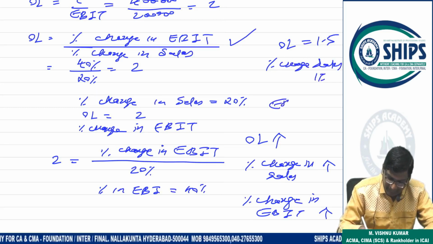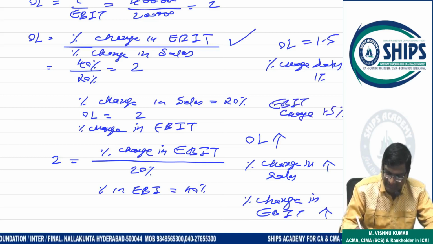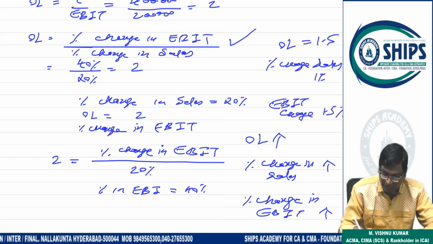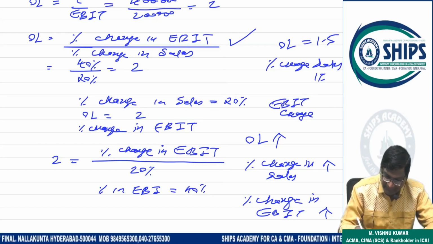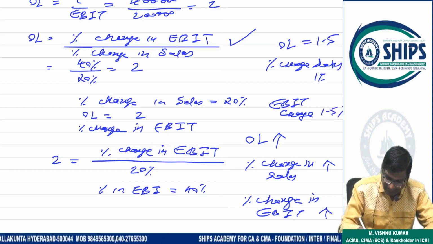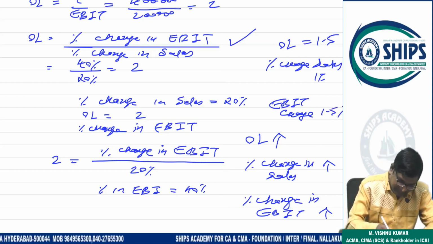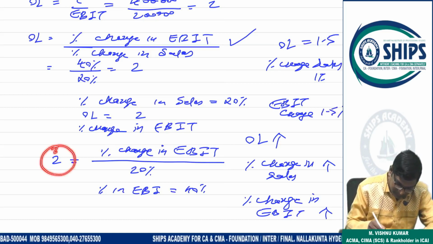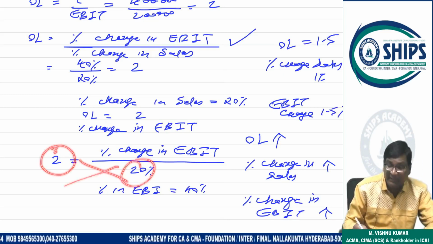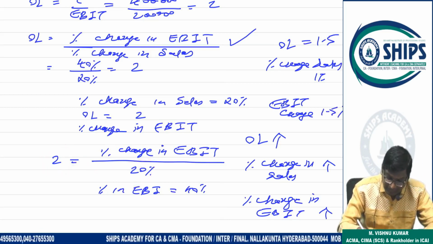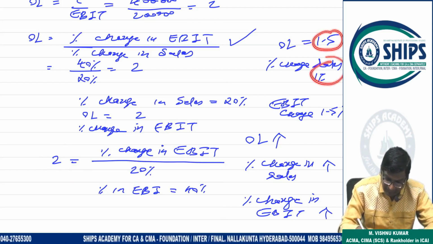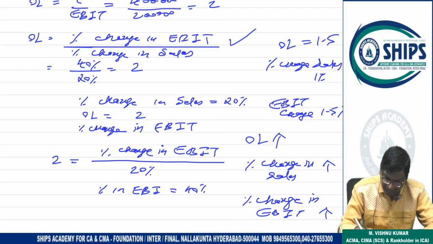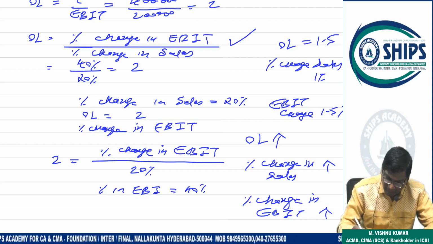So your EBIT will also change by 1.5%, because we multiply these two. See, this and this you are multiplying or not? Multiplication is happening, right? So in what direction? If operating leverage is 1.5, and sale increases or decreases by 1%, your EBIT will also increase or decrease by 1.5%.